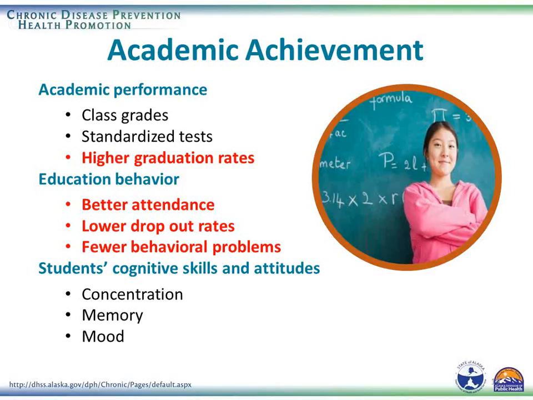However, the items highlighted in red are the most important educational outcomes that educational institutions care about, and they are also the most important health outcomes that can happen from creating healthy students and healthy schools. If students are not attending school, having behavioral problems, and dropping out, we know those students will have a more difficult time succeeding in life as adults.